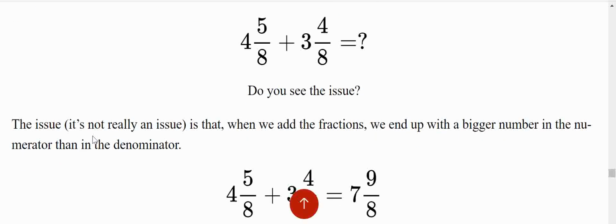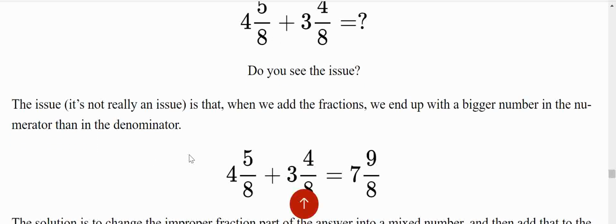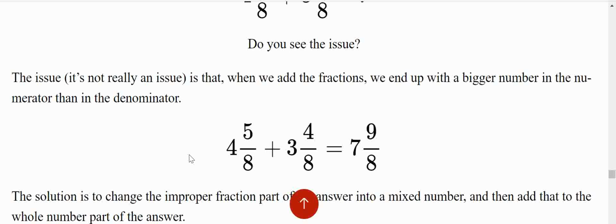The issue, well, it's not really an issue, is that when we add the fractions, we end up with a bigger number in the numerator than in the denominator. So you add these up and you get 5 plus 4 giving us 9, and 8 carries through in the denominator giving us 9 over 8 and 7 wholes.